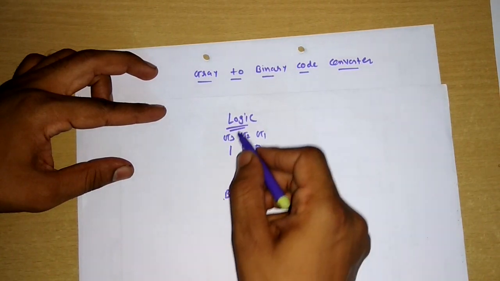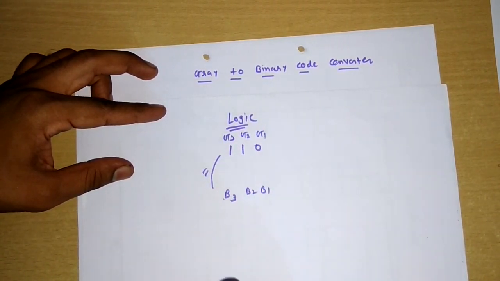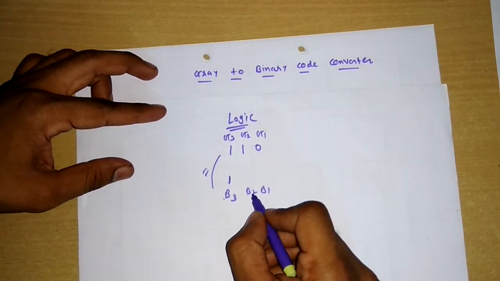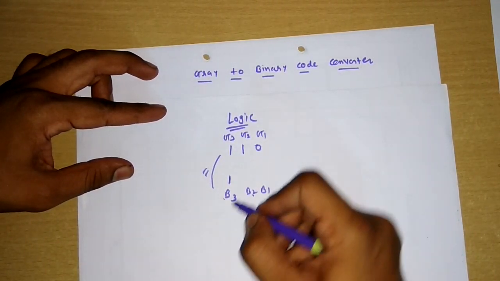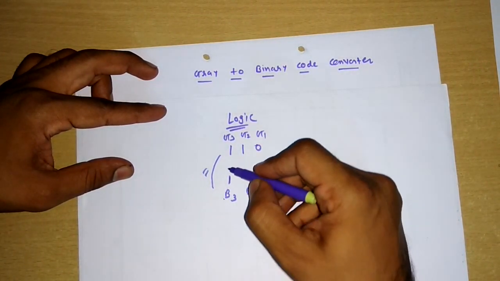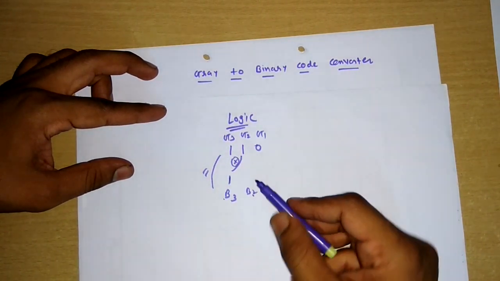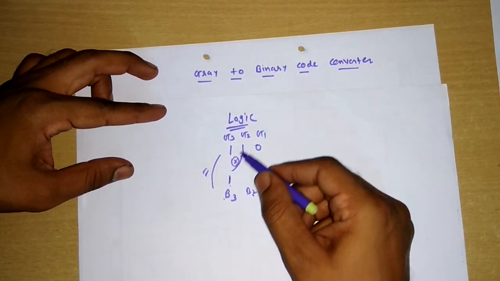The logic says that B3 must be equal to G3, so it must be 1. To get the next output bit B2, you have to do XORing of the previous output bit, that is B3, and the next input bit, so XORing between B3 and G2.